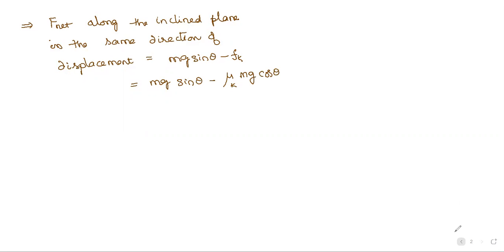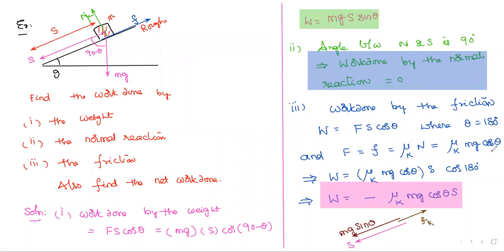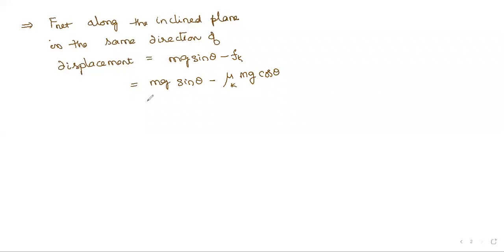Previously I explained, the normal reaction on the inclined plane is mg cos theta. So you can take mg common: mg into sin theta minus mu k cos theta. This is the net force, F net. It is in the same direction of displacement, so the work done will be positive.